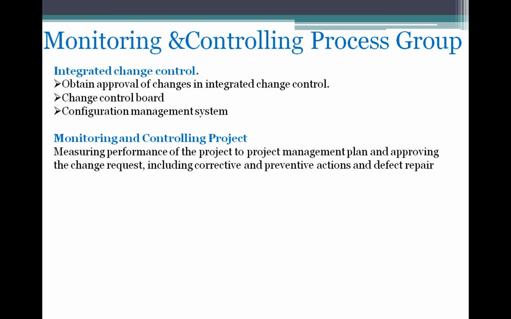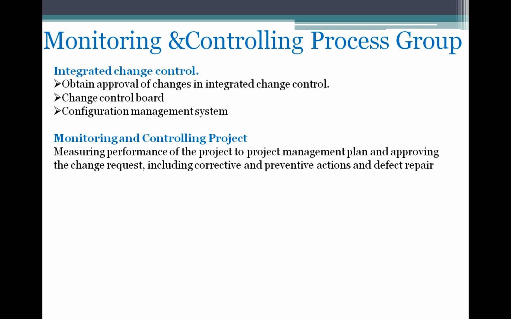He measures the performance and identifies the need for change of the project management plan. If so, he has a discussion with the sponsors and organization business unit, and then it goes to the approval process, and then the corrective, preventive and defect actions and defect repairs.